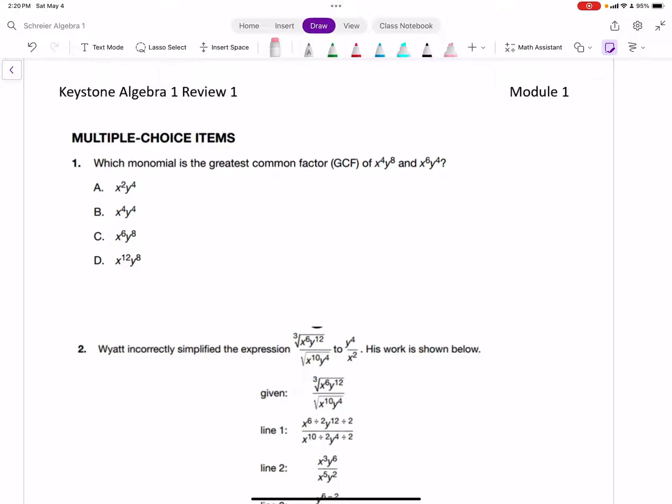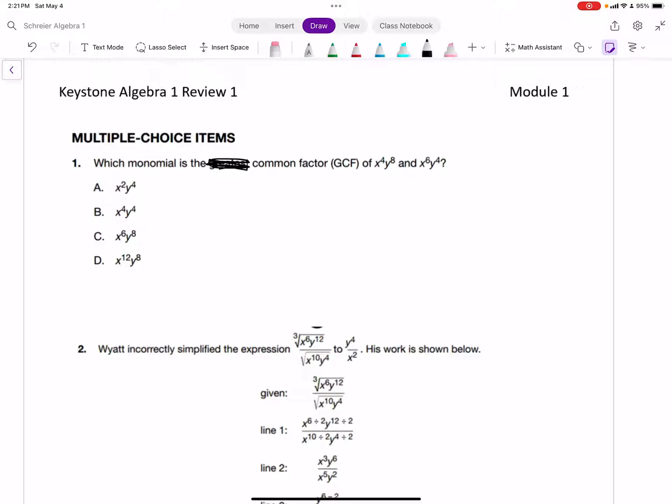First, it says, which monomial is the greatest common factor of x to the 4th, y to the 8th, and x to the 6th, y to the 4th. Now the problem with greatest common factor is we see this word greatest, and I'm actually going to cross it out because that can be very confusing for students.